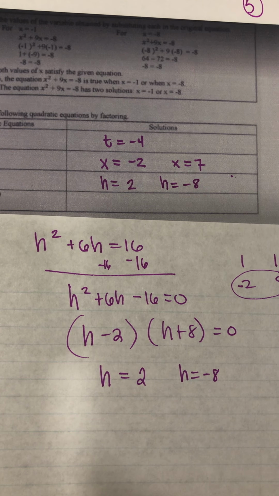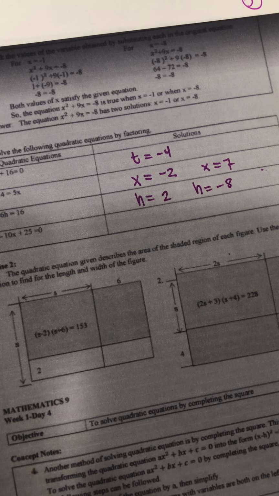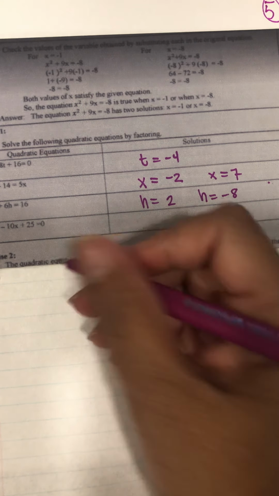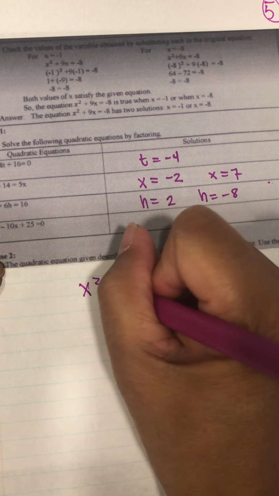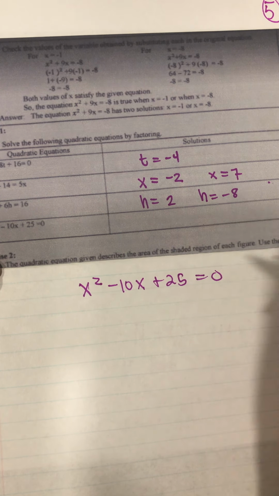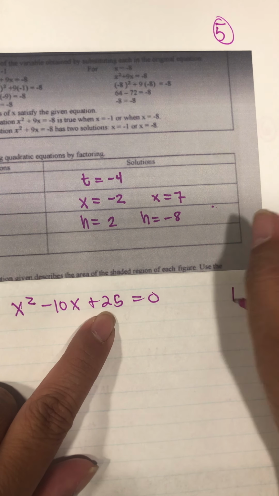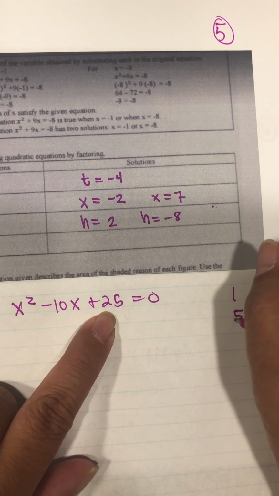Okay, then the fourth one would be x squared minus 10x plus 25 equals 0. All right, so now what are the factors of 25? 1 and 25, 5 and 5.